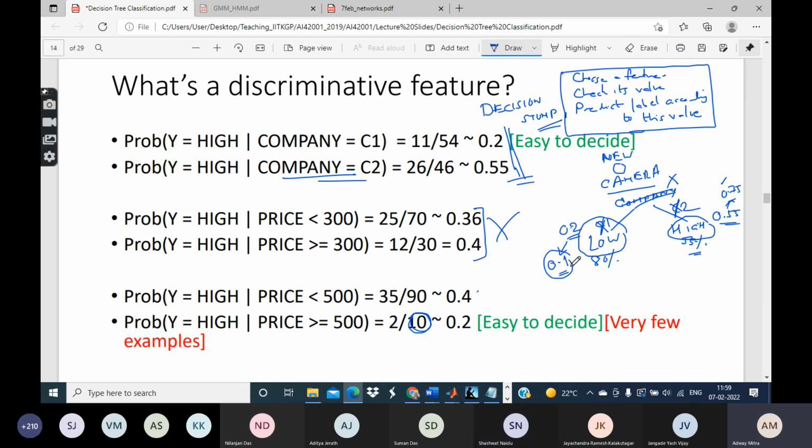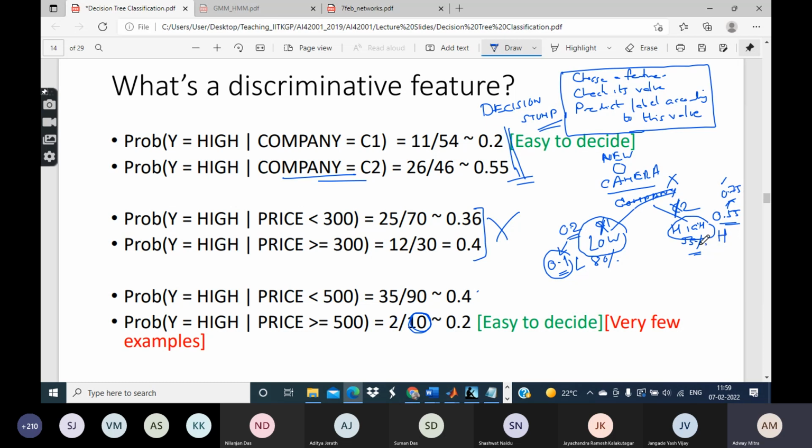That means what? Close to extremes. Yeah, close to extremes. That means almost all the examples here belong to one class, namely low. And here almost all the examples, 75 percent of them, belong to one class, namely high.